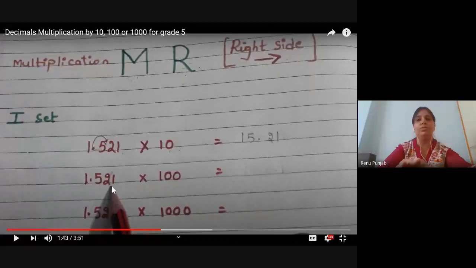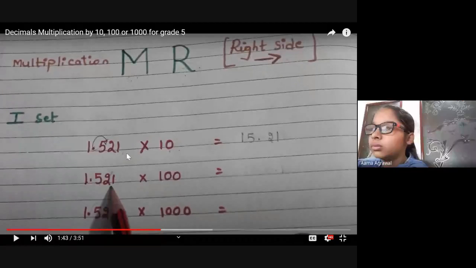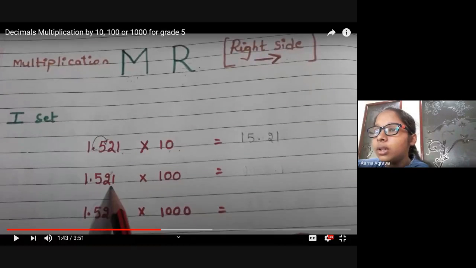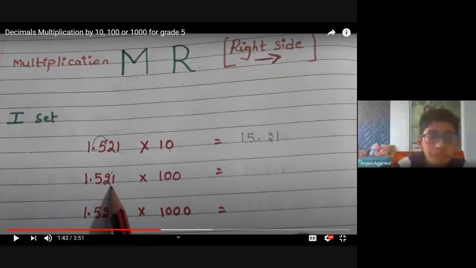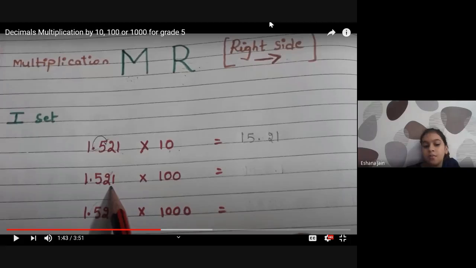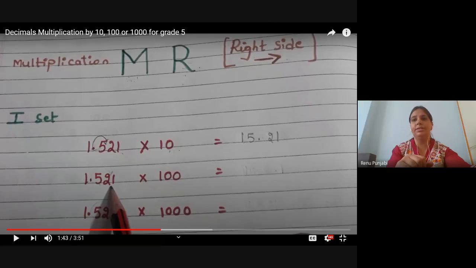In the second example, it is the same example but with multiplication by 100. How many place values will the decimal shift? Yes, 2 place values, and the answer will be 152.1. Now listen to me, children.